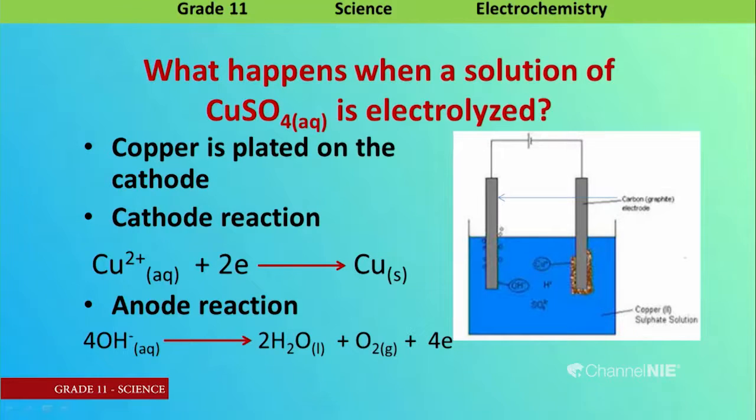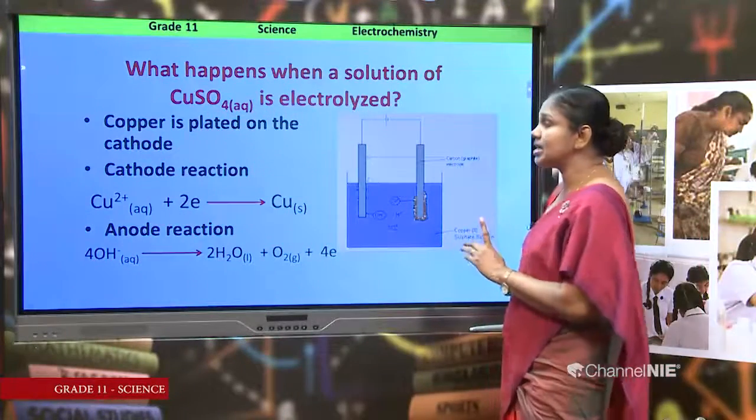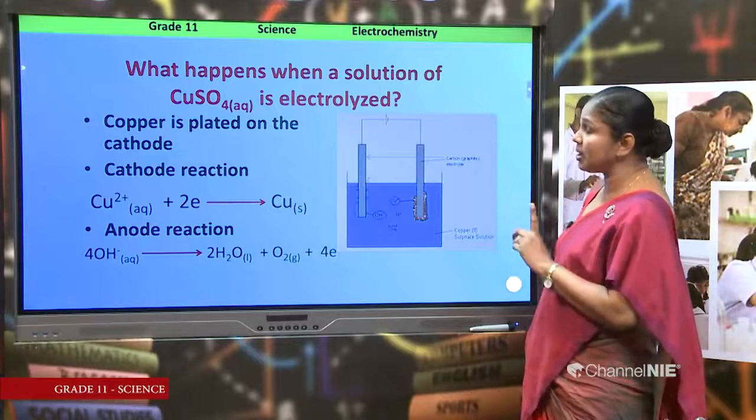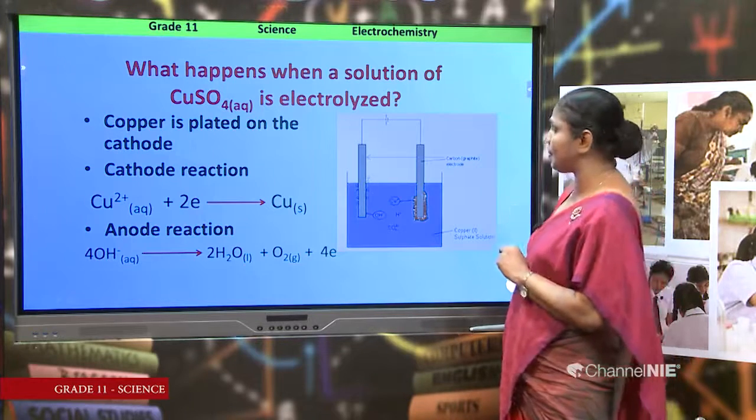Copper ions available in the solution are attracted towards the cathode and receive electrons from the cathode and become copper metal atoms. As copper atoms are formed at the cathode, the cathode is plated by a metallic layer of copper.